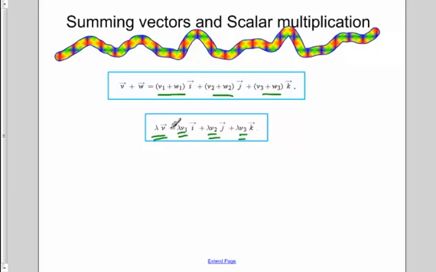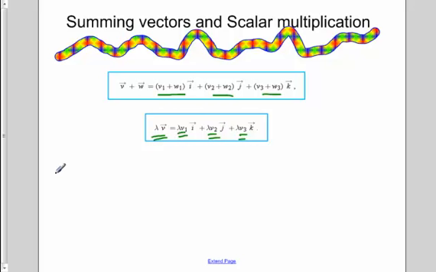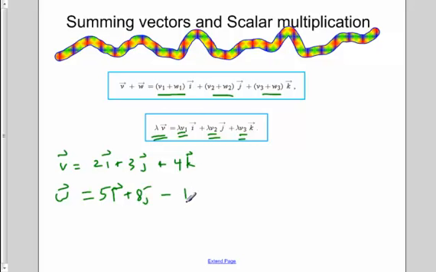So let's look at an example of that. Let's say that v equals 2i plus 3j plus 4k, and w equals 5i plus 8j minus k, then vector v plus vector w is the sum of those.